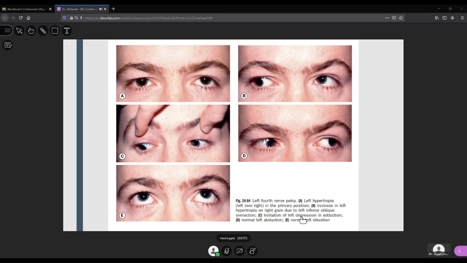C. Limitation in left depression. قاعد يقيس لك هو، احنا قلنا الاتش صح؟ فهي واضح ان في complete limitation هنا. يكون عندي limitation هنا.